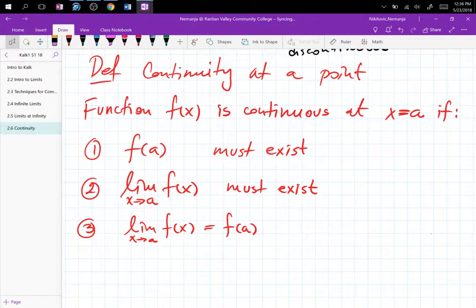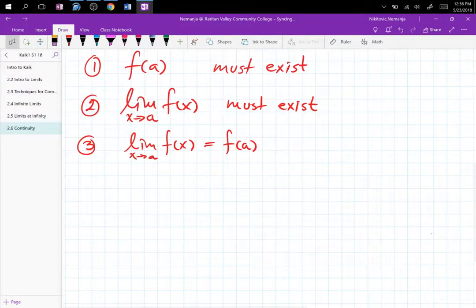And now we're going to draw some pictures. We're going to go back to those 4 pictures we had. I'm going to draw 3 of those 4 now. Well, actually, all 4, but 1 is continuous everywhere, so we don't have to consider that case. So let's take a look at the first example.